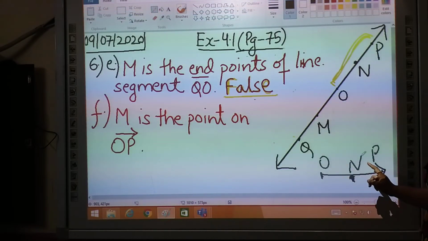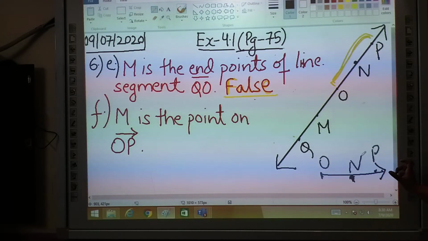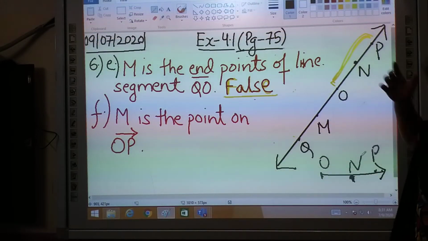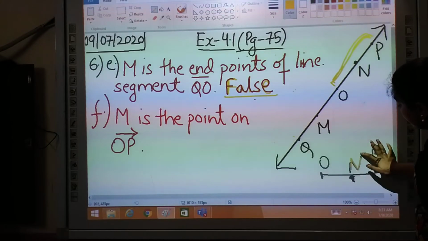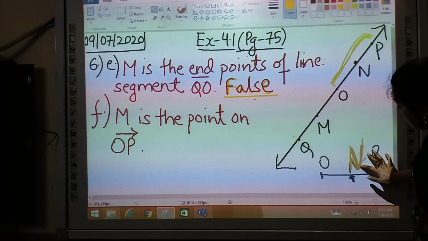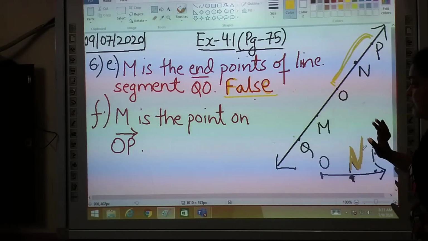Now question में हमसे पूछा जा रहा है M is the point on OP. क्या M जो है वो OP पे पॉइंट है? चलिए, we can clearly see that M is nowhere on the ray OP. Rather we have another point N. Point N is on OP. ठीक है, so this statement is false.